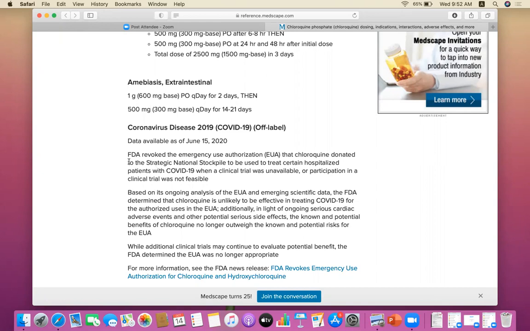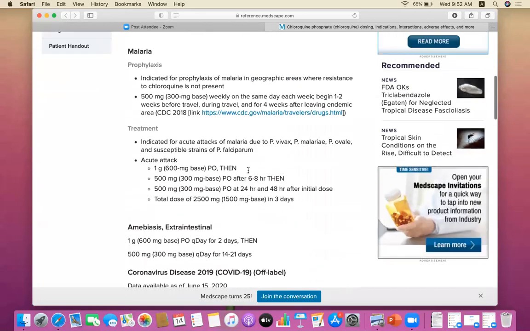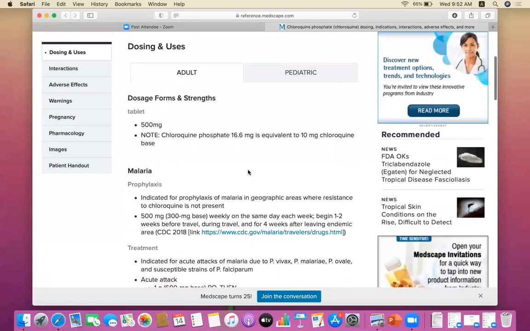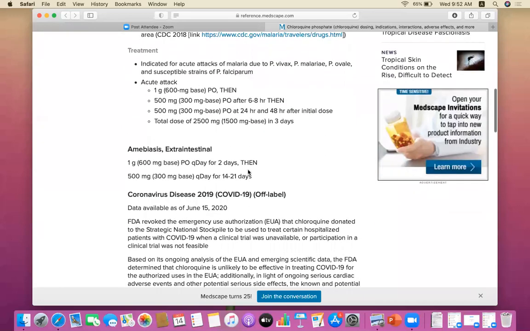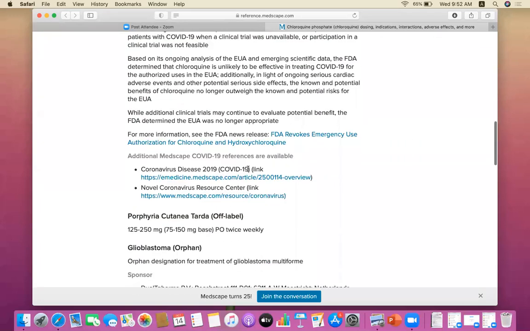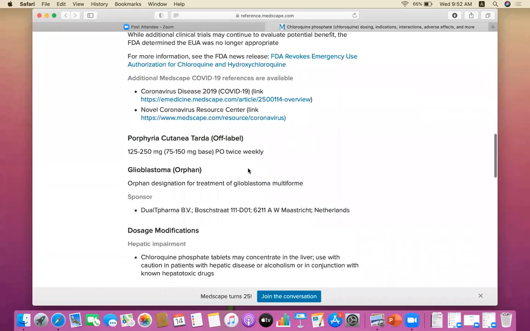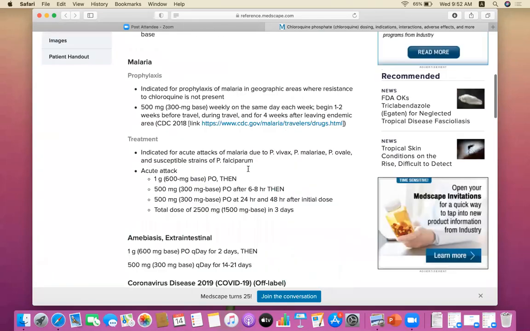And if you see, the FDA revoked the emergency use authorization that chloroquine had before, but now there is no use because it is not approved. So this is the use of chloroquine: malaria, amoebiasis, and there are many more.